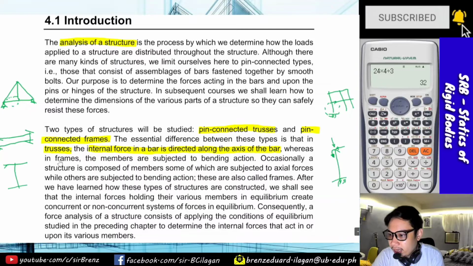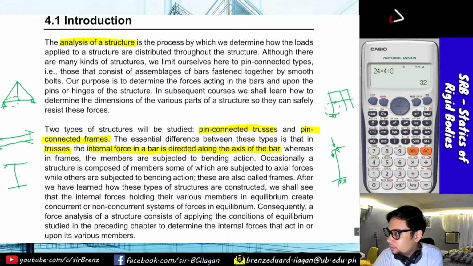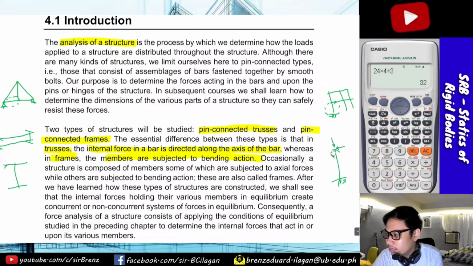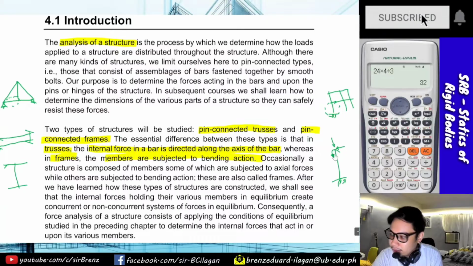So, again, the difference is kapag truss, yung internal force is acting along the section or acting along the bar, the axis of the bar. Meanwhile, for the frames, the members are subjected to bending action. So, meron siyang mga moment. And, ayan, meron siyang horizontal force. So, aside from the axial forces, meron siyang perpendicular force or yung bending force, and meron siyang corresponding moment.